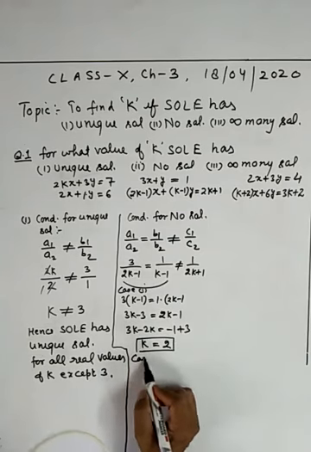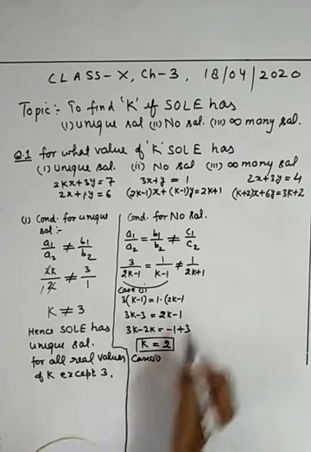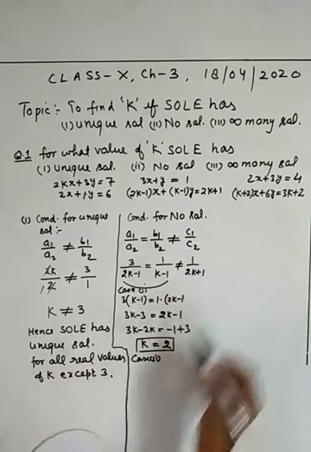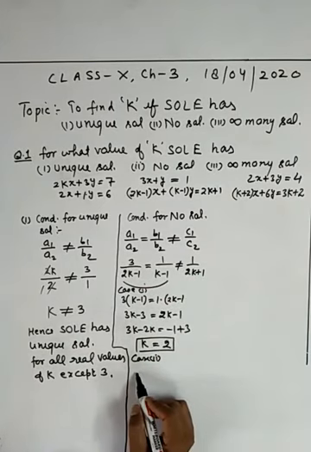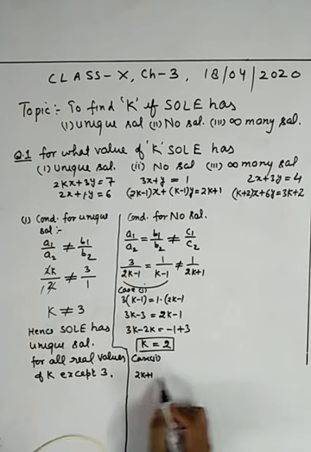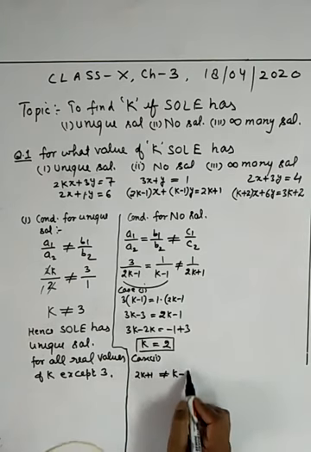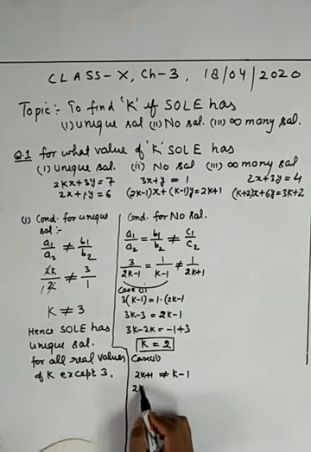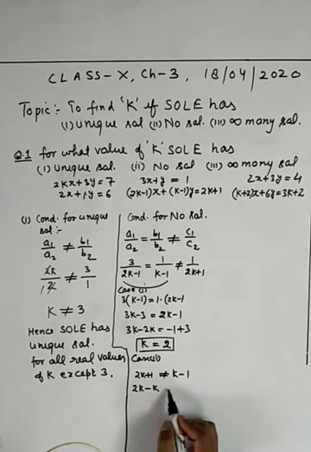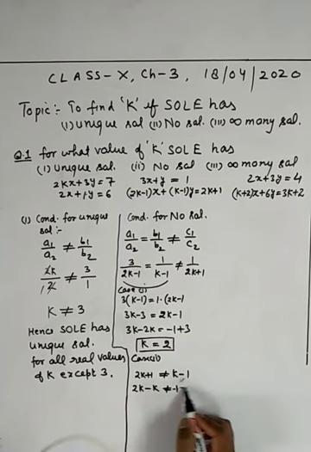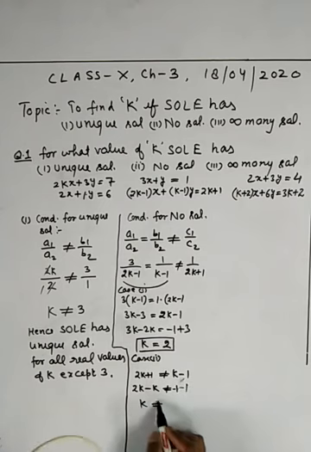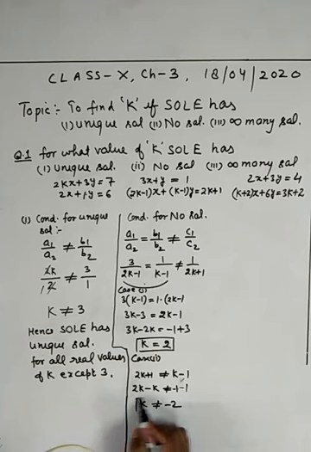Case second: on cross multiplying this we get 2k plus 1 not equal to k minus 1. So 2k minus k not equal to minus 1 minus 1. This is k not equal to minus 2.